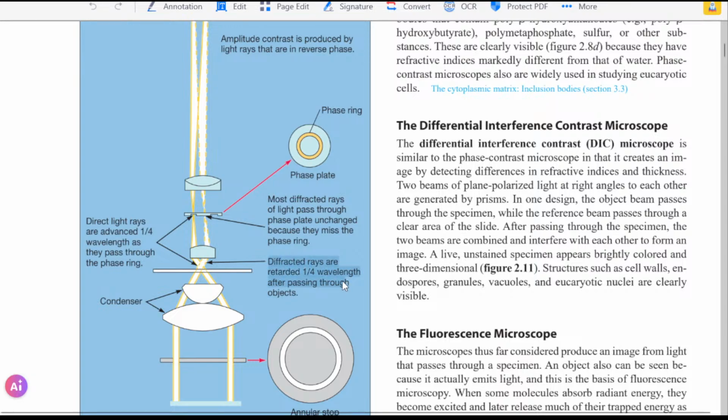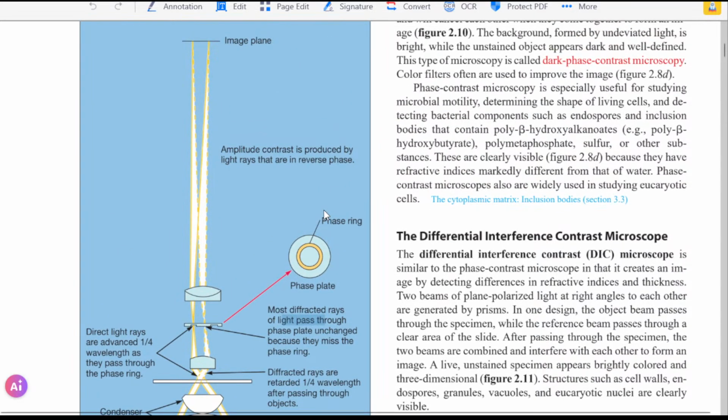Diffracted rays are retarded 1/4 wavelength after passing. Direct light rays are advanced 1/4 wavelength. Most diffracted rays miss the phase ring.